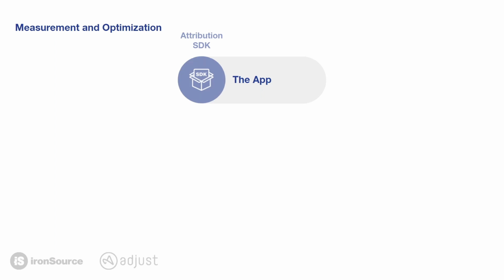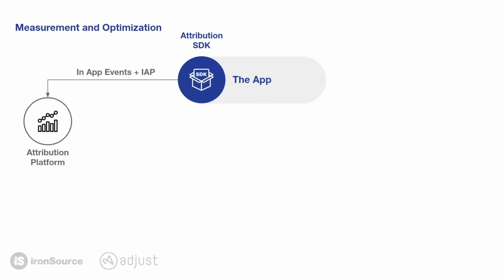So within the app, you would have your attribution SDK. In this case, we're talking about the Adjust perspective. There are a lot of user engagements that are passed back to the attribution platform. It'd be in-app event postbacks, any events, any level completes, tutorials, registrations, sessions, and essentially the revenue would be passed through the in-app purchase events.